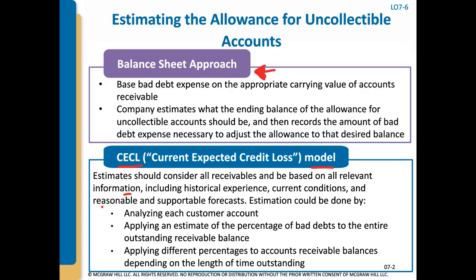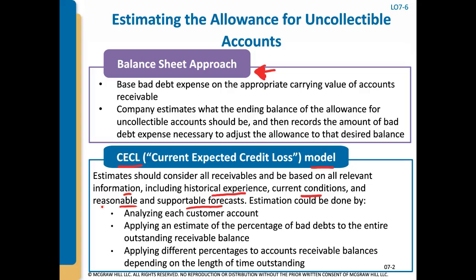You can include historical experience, any current conditions, or any reasonable and supportable forecasts. So basically what it's saying is that there's no set way to estimate your allowance for uncollectible accounts, but it can include many things, and it could vary from company to company.